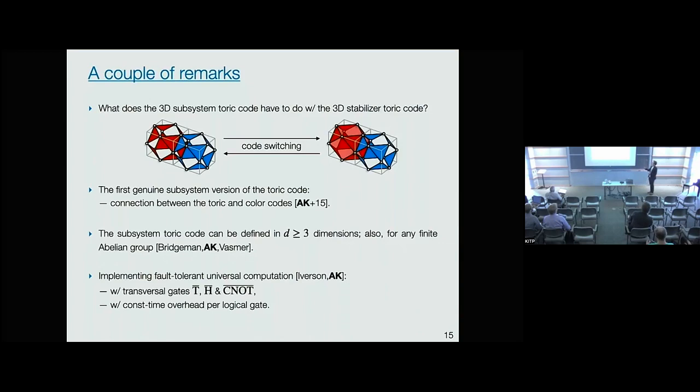You will have the Hadamard gate in the subsystem code, but you will have the T-gate in the stabilizer code. To implement the T-gate, you need to gauge fix your code, then do the T-gate. This process of gauge fixing is what circumvents Eastin-Knill.